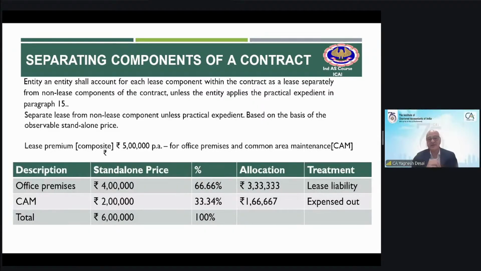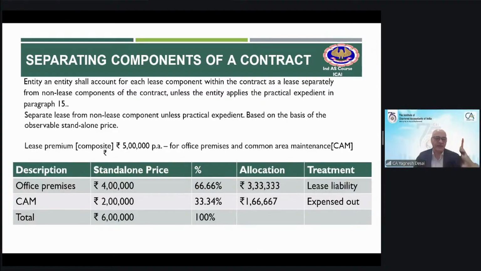The question arises: when I'm availing of these two services, which includes the payments for the vehicle and for the driver also, should I discount the entire 1 lakh rupees for a period of 5 years and come to the present value of the lease payments? Answer is no. I need to bifurcate these two amounts: A for the car, B for the driver.